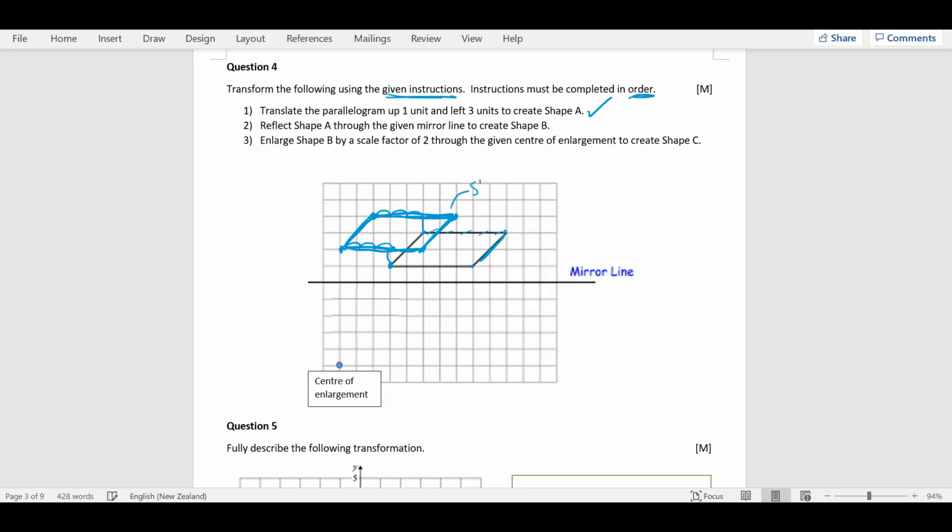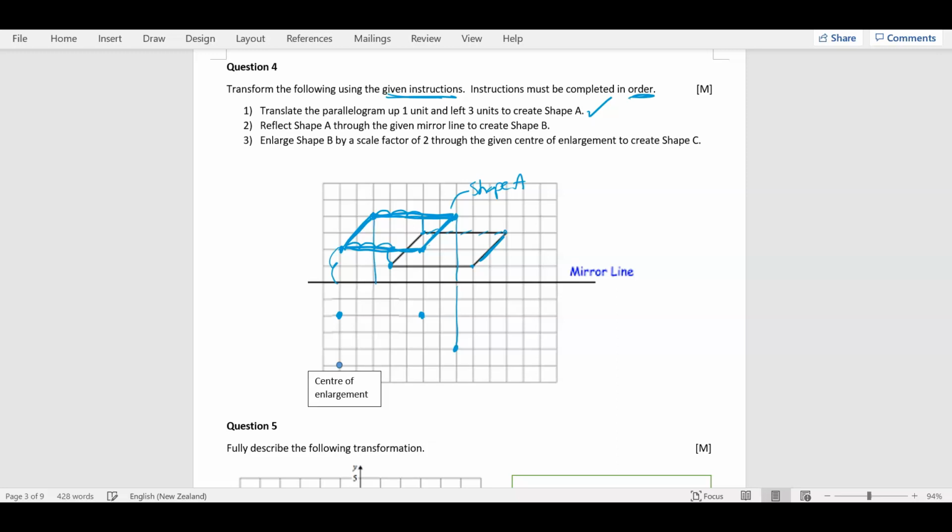We're now going to reflect shape A. Don't forget, shape A is the new shape that we've got through the given mirror line to create shape B. Reflection, nice and easy. So we're going to go 1, 2. So that means it's going to be 2 units on the other side. Same for this point here, 1, 2. We're then going to go across. This one here is 4 away, so we're going to go 1, 2, 3, 4 away.